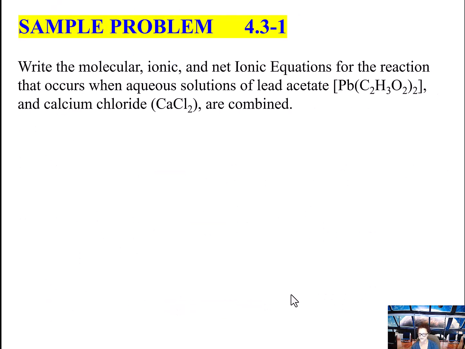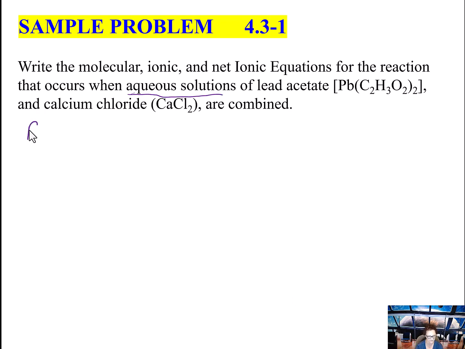Okay, so let's practice. This says write the molecular, ionic, and net ionic equation for the reaction that occurs when aqueous solutions of lead acetate and calcium fluoride are combined. It tells me they're aqueous solutions, which means those are water soluble.